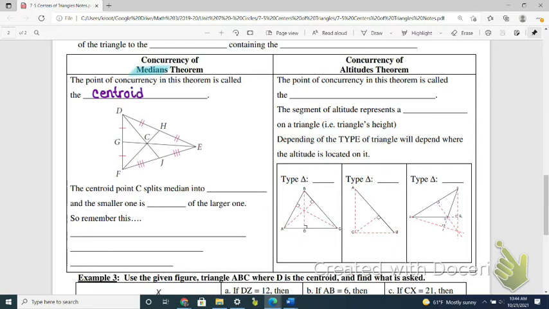As a side note, you will need to be able to relate that the circumcenter is the perpendicular bisectors, the incenter is the angle bisectors, and the centroid is the medians. You do need to know that because on the exam it's going to just mention the name and you need to know how all of that relates.